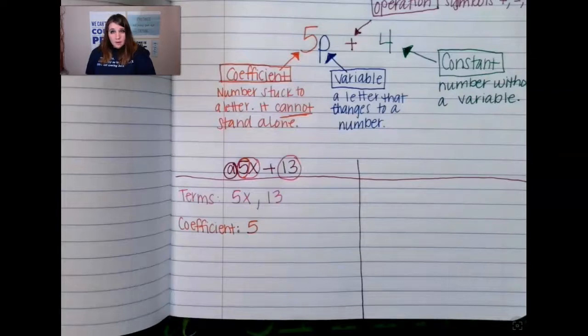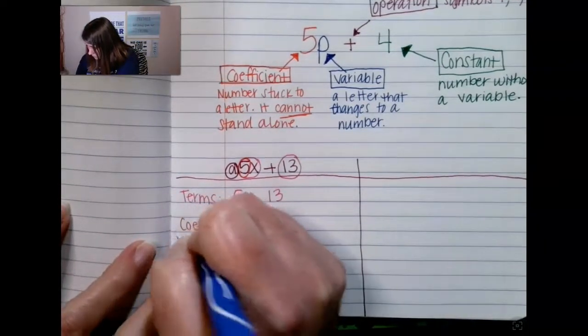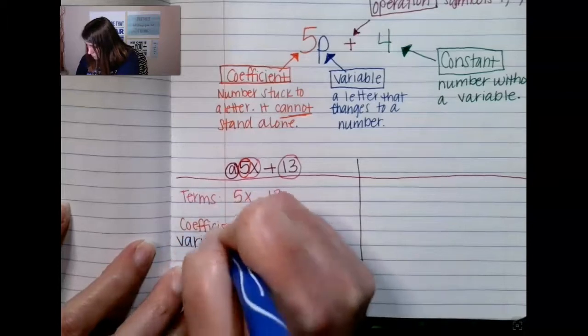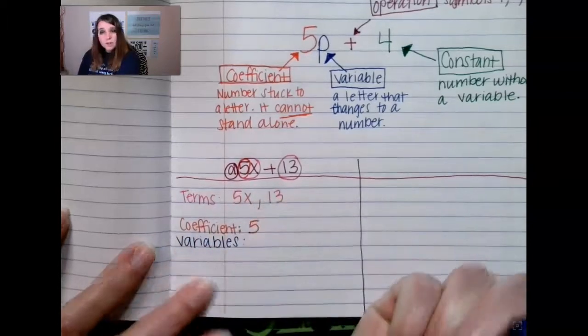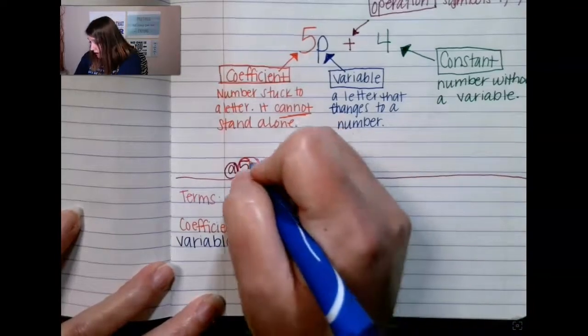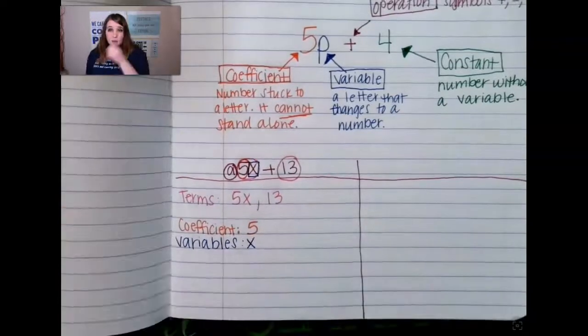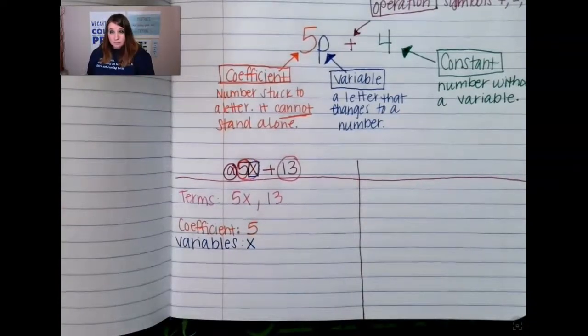Okay? Now, what about variables? Do we have any variables here? Do we have any variables to identify? Yes, we do. We have 1x, right? So we have an x in this problem.